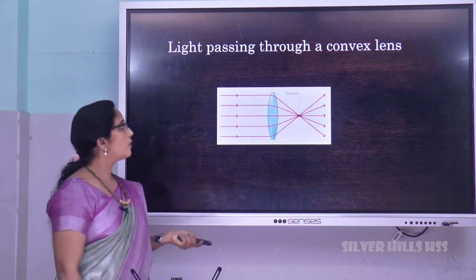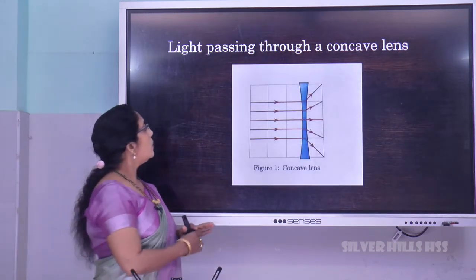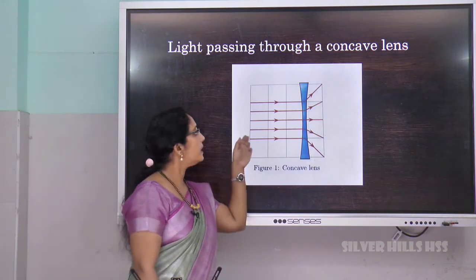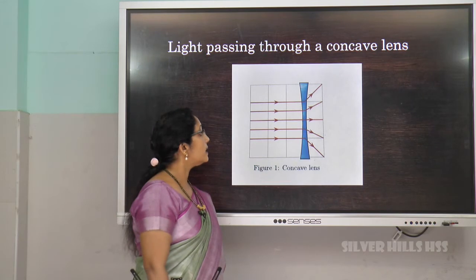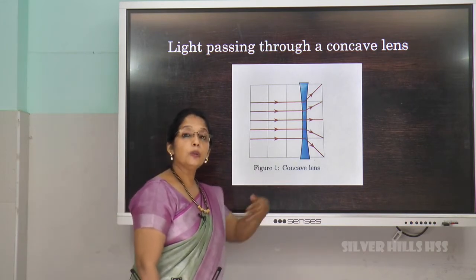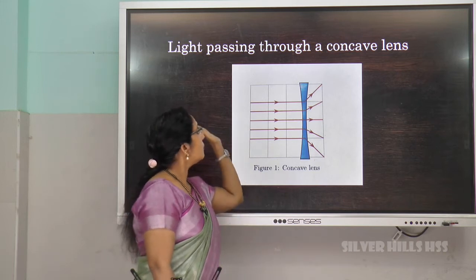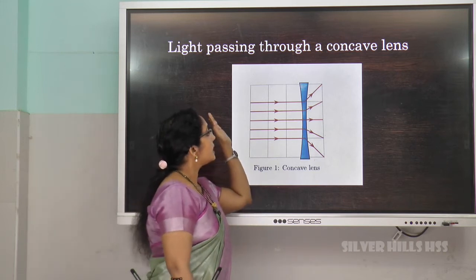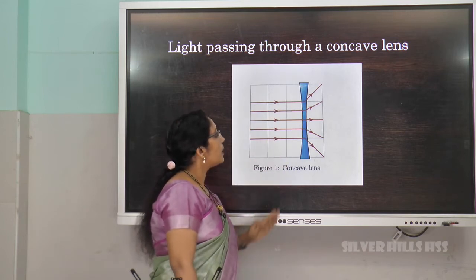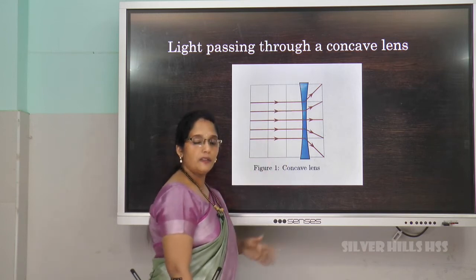In the case of a concave lens, just look, what happens when light rays pass through a concave lens? When light rays enter a concave lens, they diverge; they do not meet at a point, they move far apart. Here, from far away or from infinity, parallel light rays, after falling on a concave lens, will diverge.